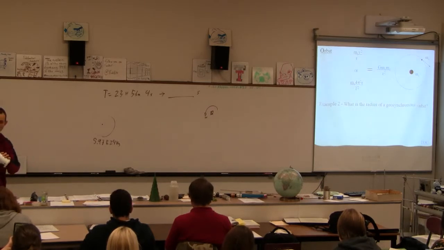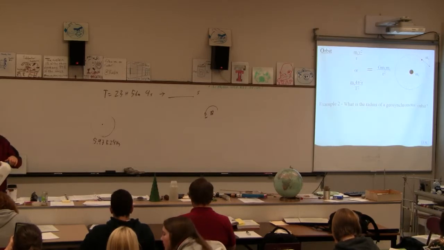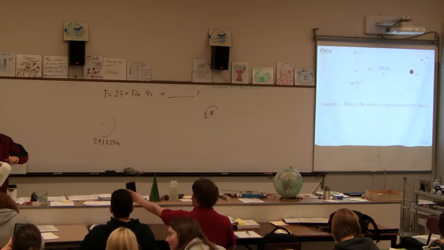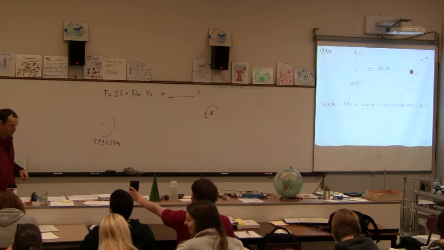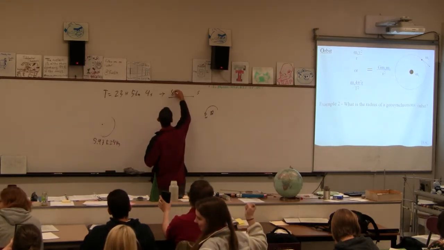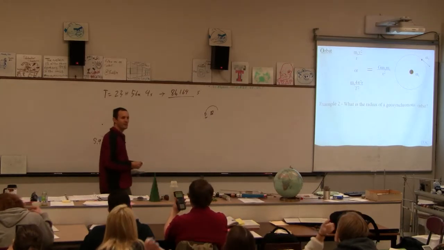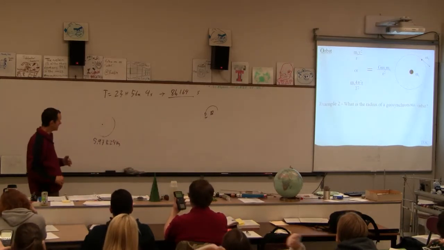How many seconds in an hour? 3600, right? How many seconds in a minute? That many. Is it 86,164? Yeah. Plus or minus maybe a leap second every now and then, a fraction of a second, right?